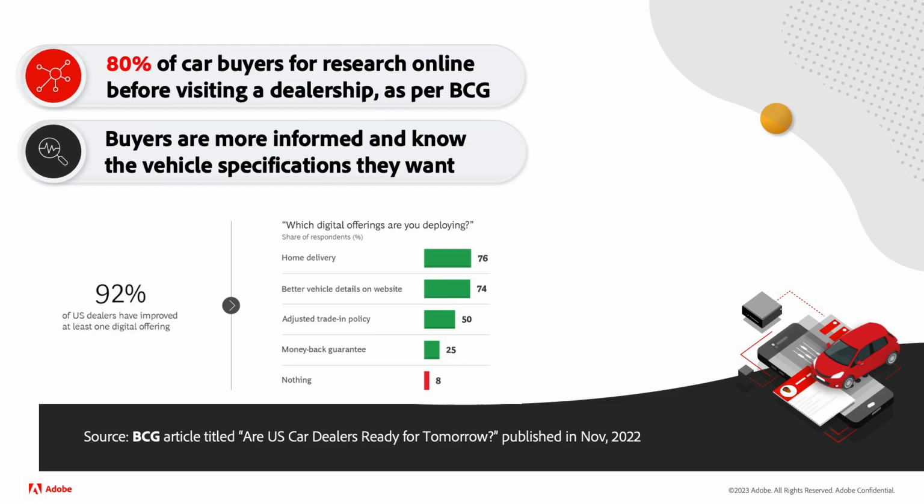This is also substantiated by a second fact, which I think is more revealing of what we are trying to prove here: of those who do that research, they look at a lot of specifications. They want to be informed about the specifications of what they're getting into, which was well substantiated with some data.